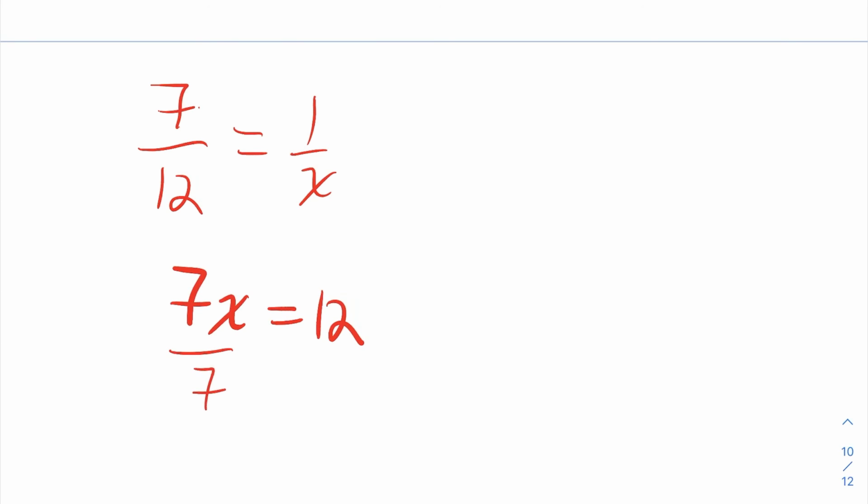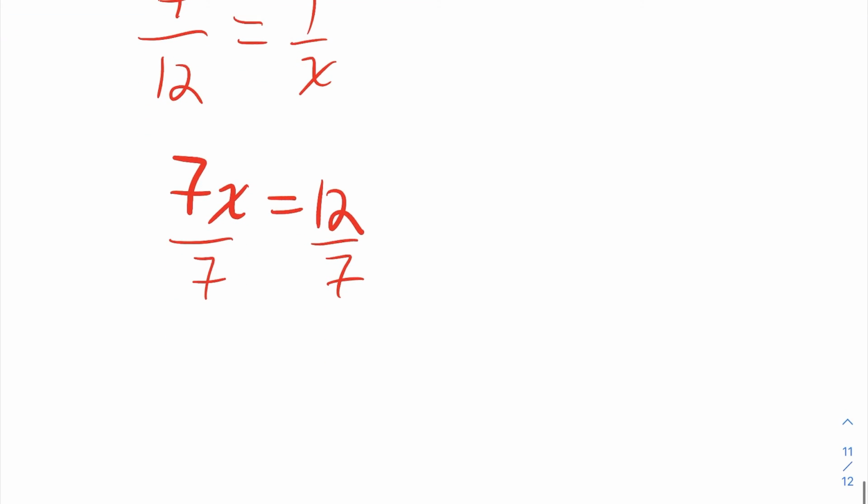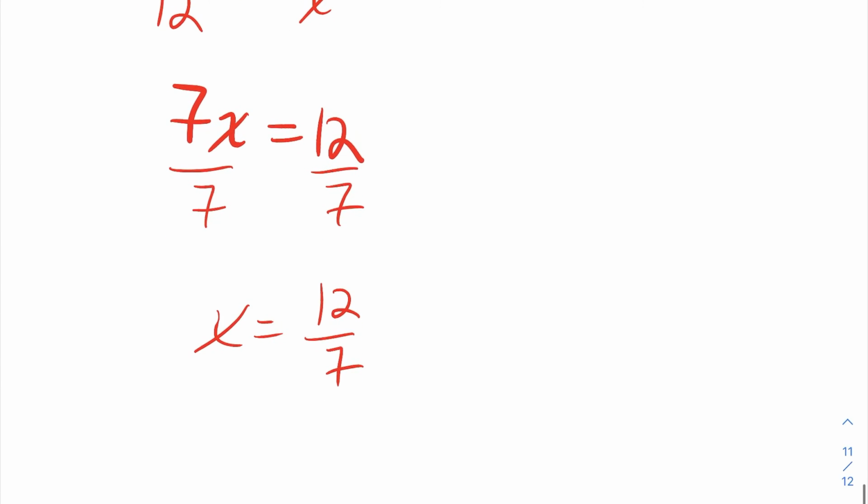Then I just solve by dividing both sides by 7, and x is equal to 12/7. So together, they'll plant that garden in 12/7 hours. 12/7 is less than 2. So while one of them took 4 hours to plant it, and the other took 3 hours, if they do it together, they'll get it done in under 2 hours.